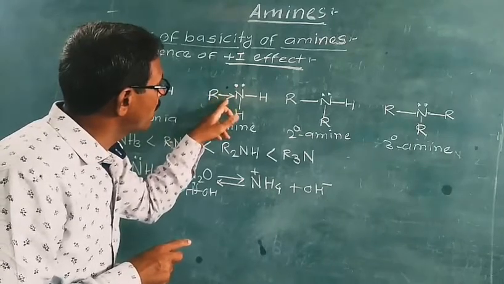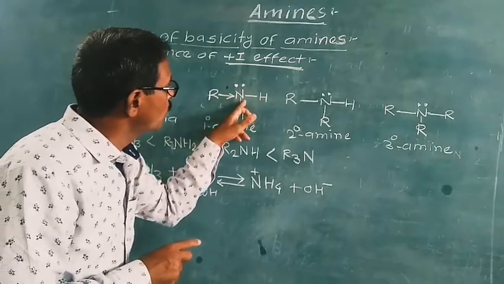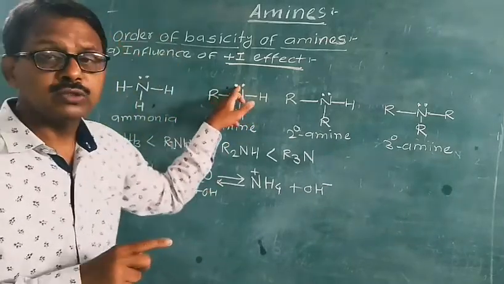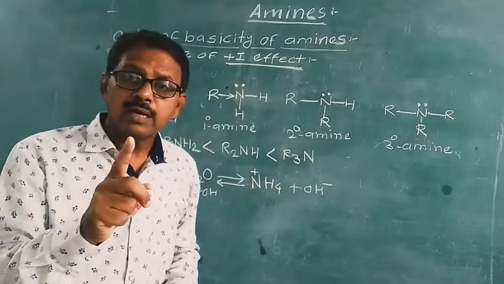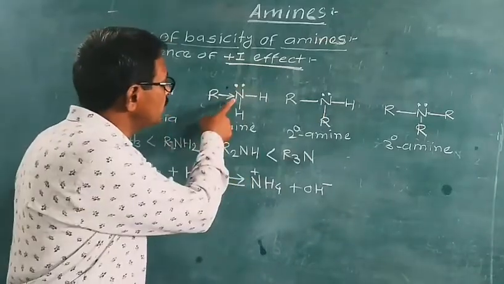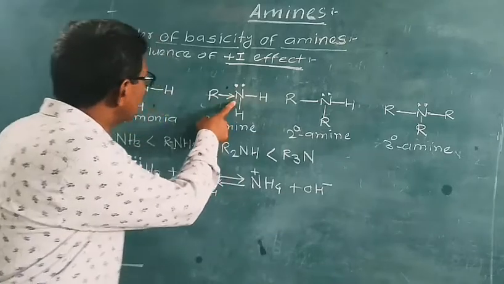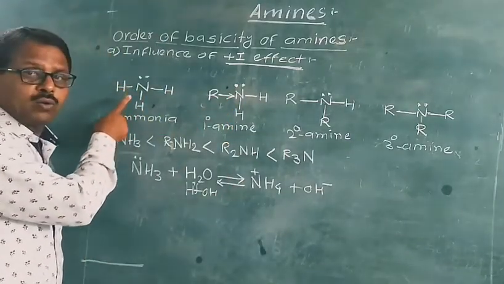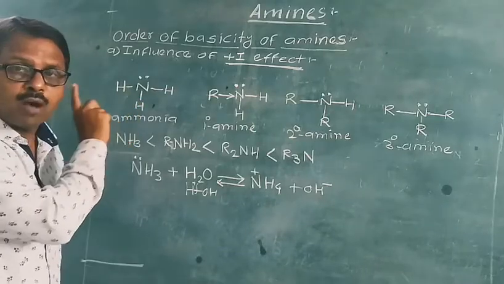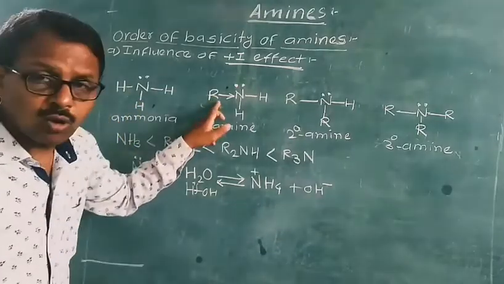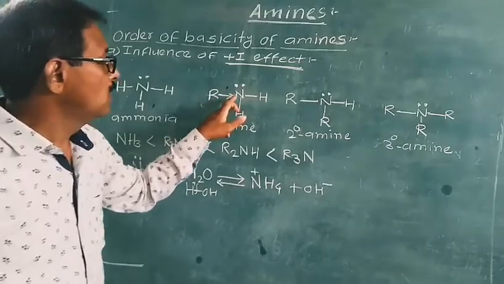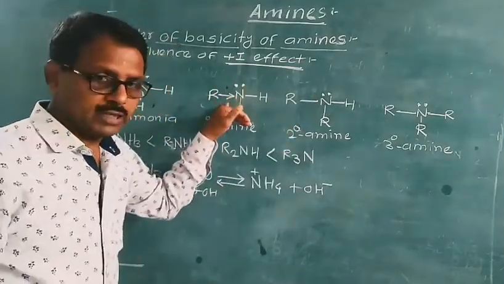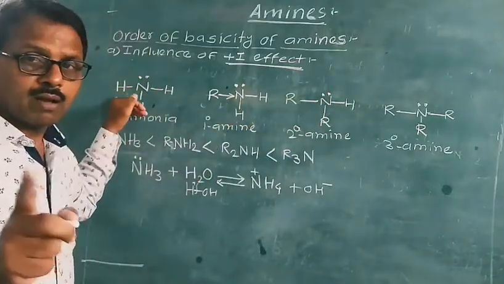It shifts the shared pair of electrons towards this nitrogen atom, and the intensity of the positive charge on that nitrogen atom decreases. It becomes more stable than ammonia. There is no electron donating group in ammonia, but here one electron donating group is present. Therefore, this nitrogen atom, after donating the lone pair of electrons, becomes stable in comparison to ammonia.